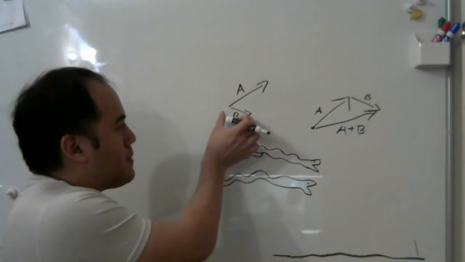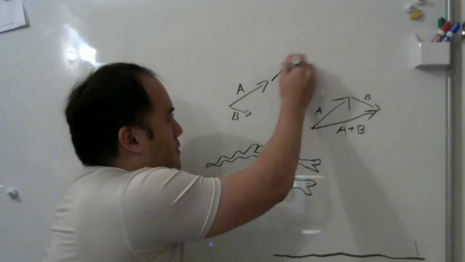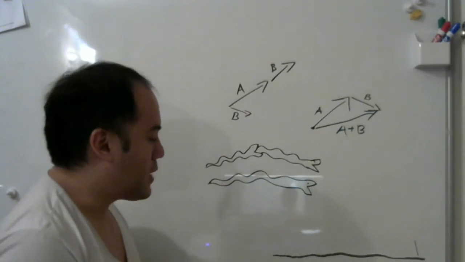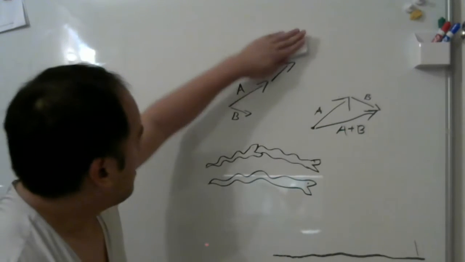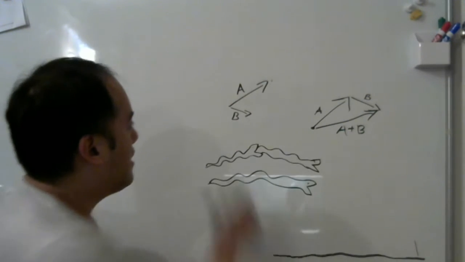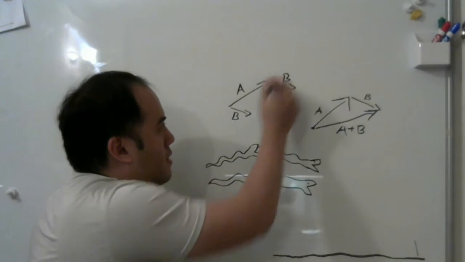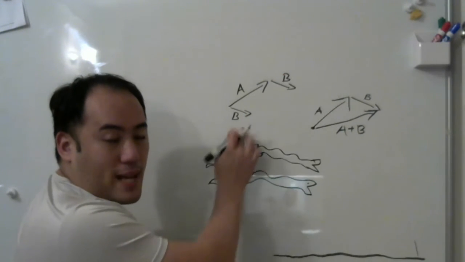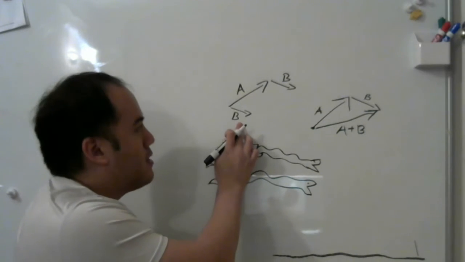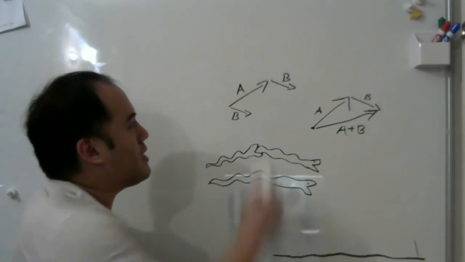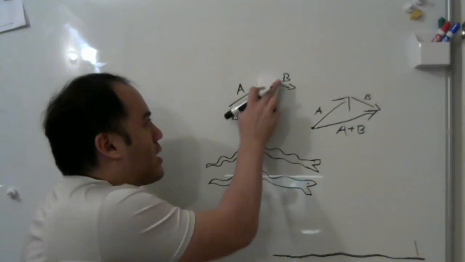So I'm going to take B. That's not B. It has the same magnitude, but not the same direction. You take B and you slide it over. Bam. B. B has to have the same magnitude and direction as this B. Once you have that, this head of A and this tail of B, they go away.